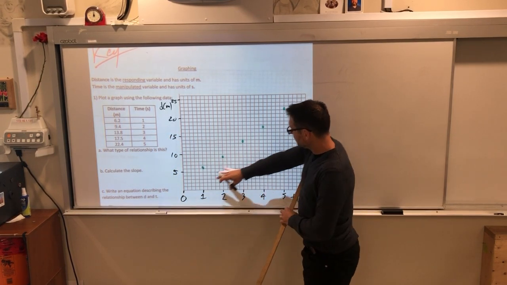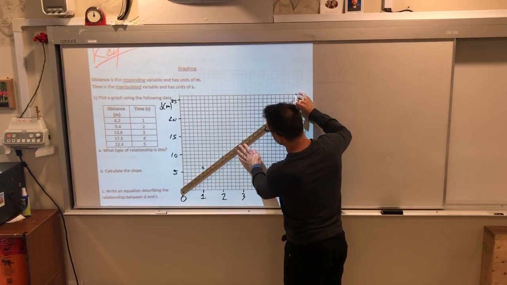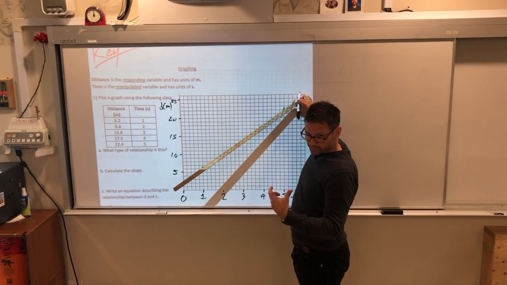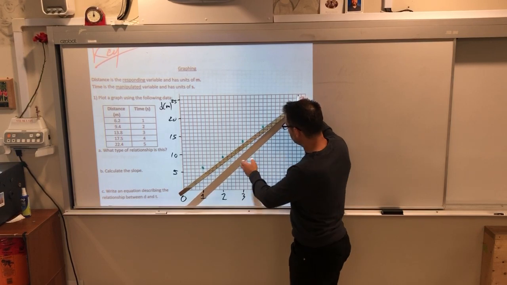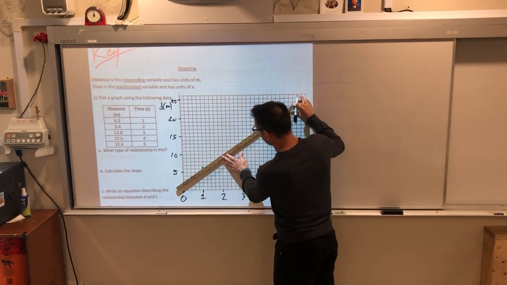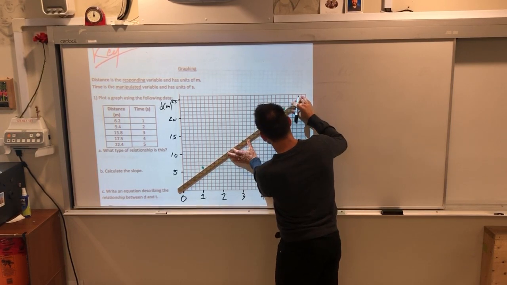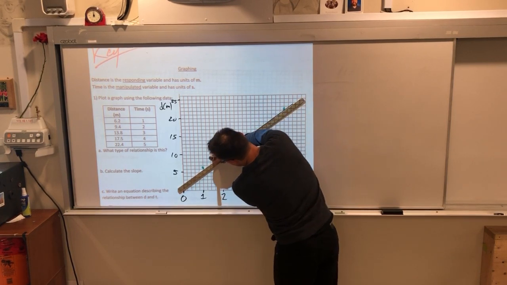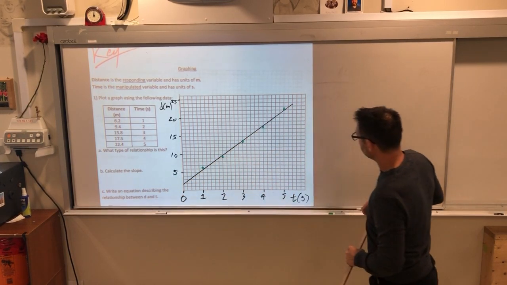And so we might not touch the line on any of these points, but what we want is to take a straight edge and be as close to as many of the points as possible, without, well, you might go through some of the points or you might not. In this case, I think we'll be close to a lot of them. I would go maybe somewhere around there. There's not like an exact way to do this, but you want to be something like that, okay?